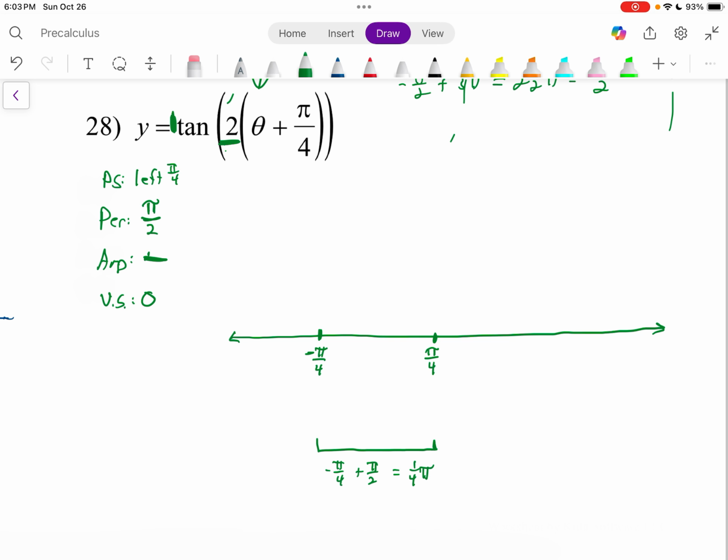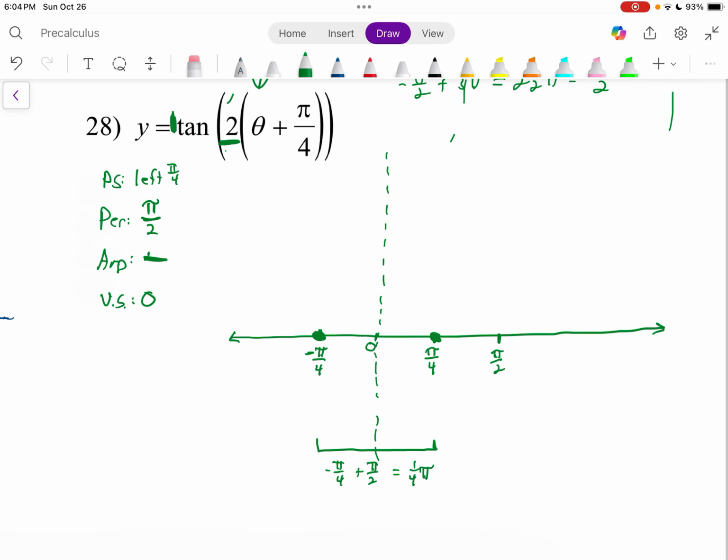Well, that works out very nice, actually. So tangent goes through 0 at the start, goes through 0 at the finish. There's a vertical asymptote right in the middle. And what is that value? Well, that should be really easy to figure out since we had a negative pi over 4 and a pi over 4. This is 0. And then this is going to be pi over 2. The reason I know that is here's a 0.